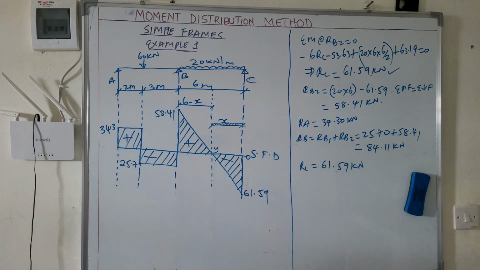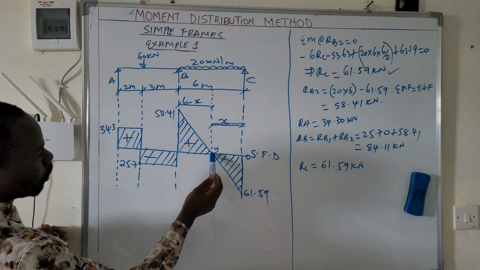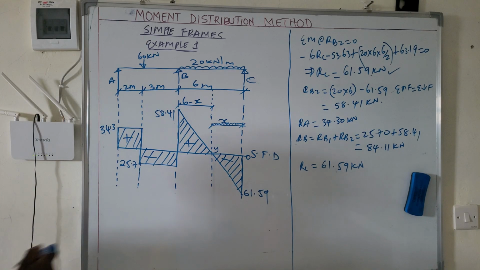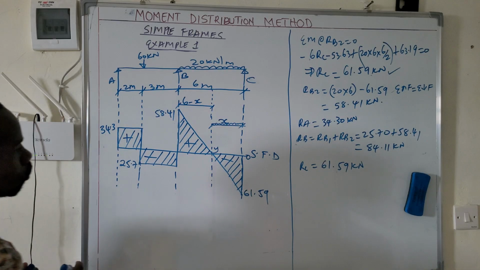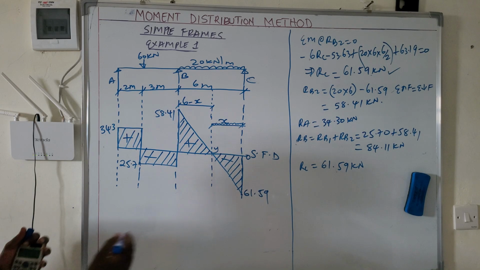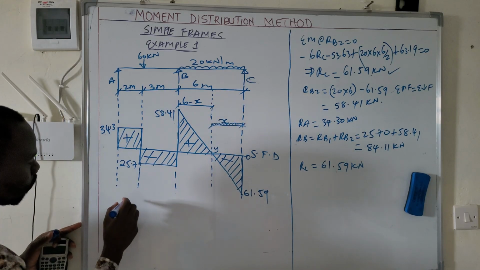So you will form an equation either coming from this side or from this side to where our shear force is 0. So let's start from this side. To form an equation, you will take the upward forces to be positive and the downward forces to be negative, and sum them and equate them to 0. Our upward force here is reaction at C, which is 61.59.